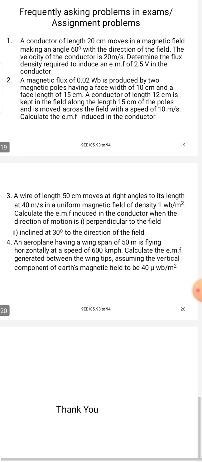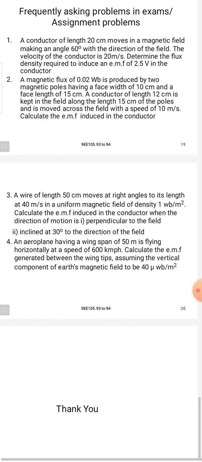A conductor of length 20 centimeter moves in a magnetic field making an angle of 60 degrees with the direction of the field. The velocity of the conductor is 20 meter per second. Determine the flux density required to induce an EMF of 2.5 volts in the conductor.